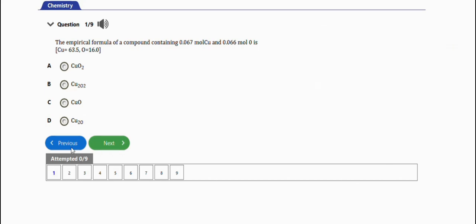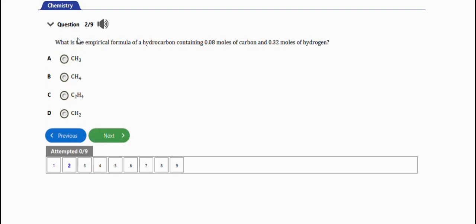The next repeated question says, what is the empirical formula of a hydrocarbon containing 0.08 moles of carbon and 0.32 moles of hydrogen? So guys, it's still the same procedure. Let's write down the elements: carbon and hydrogen.